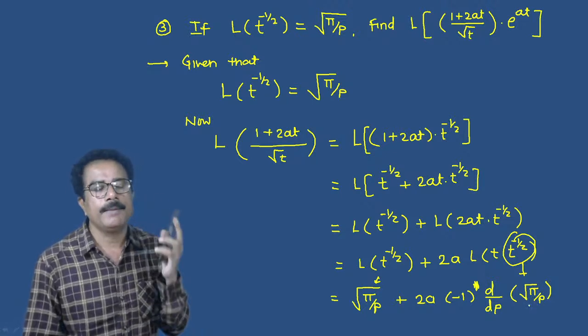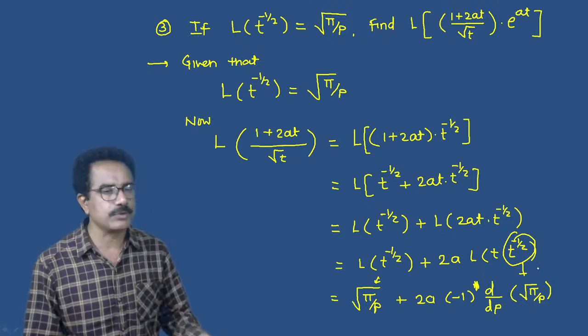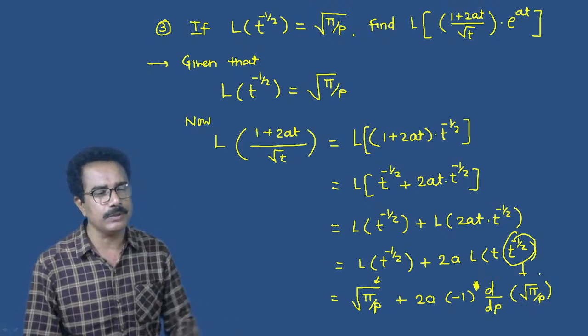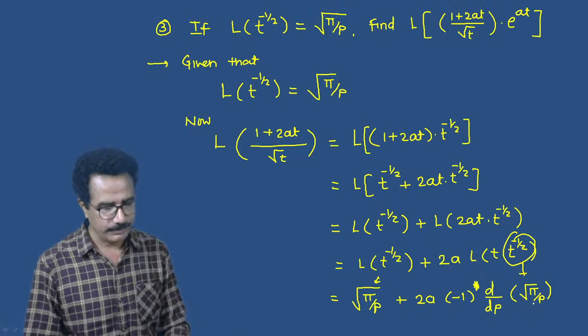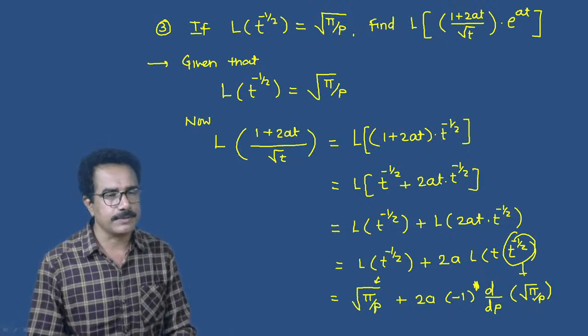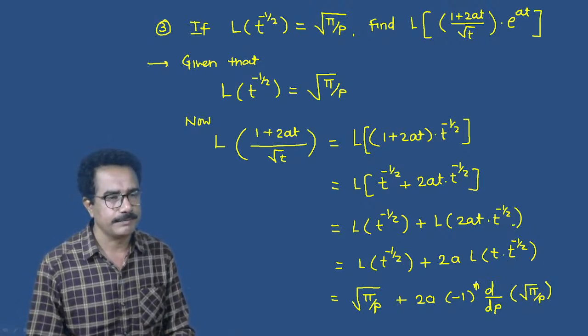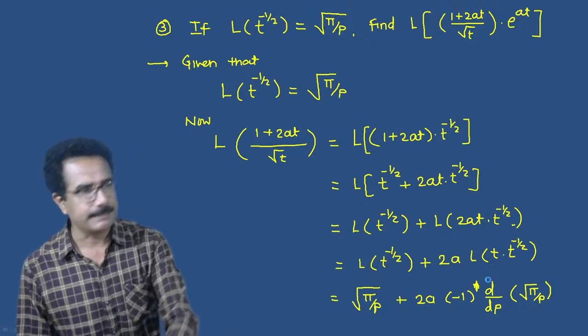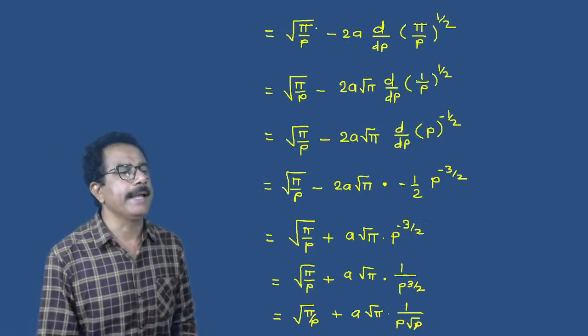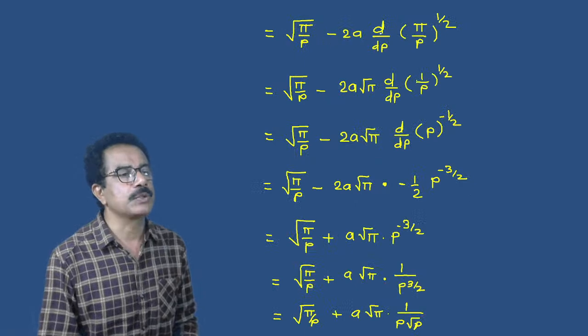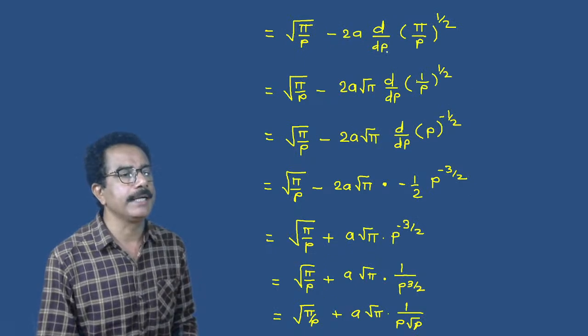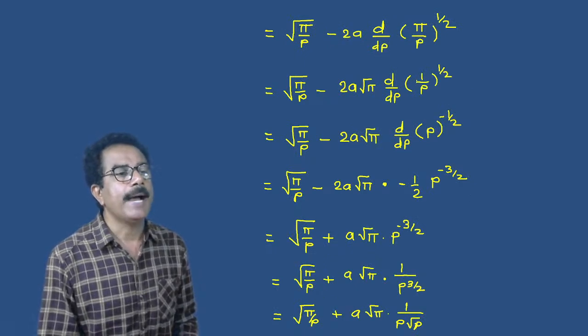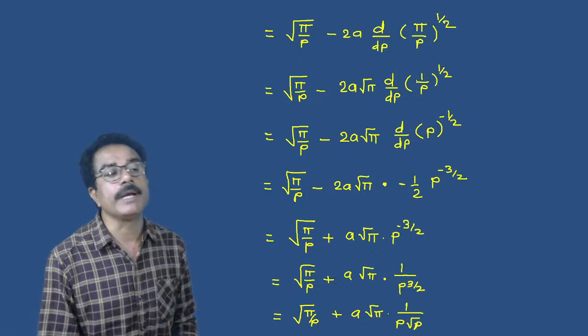Yes, the Laplace transform of t raised to minus 1 by 2 is equal to root pi by p. Okay, so according to this we can write, this is simple. Now root pi by p minus 2a into d by dp of pi divided by p bracket raised to 1 by 2.